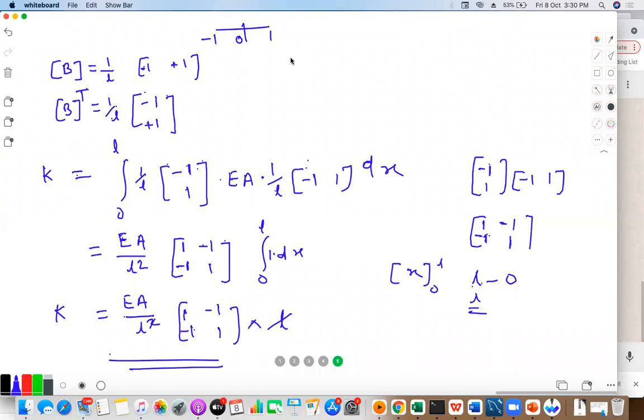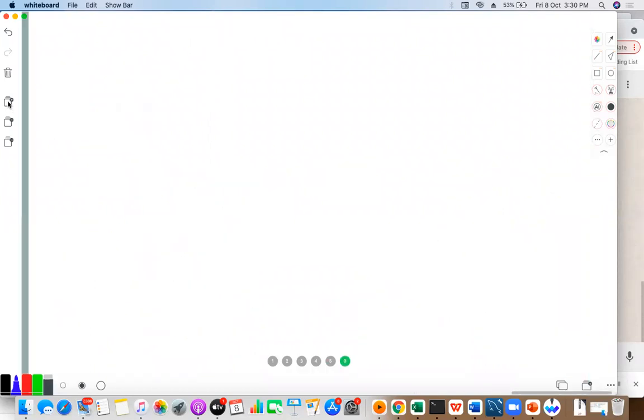Now if I have a number of elements, but before going for a number of elements, let me talk about Rayleigh-Ritz technique.